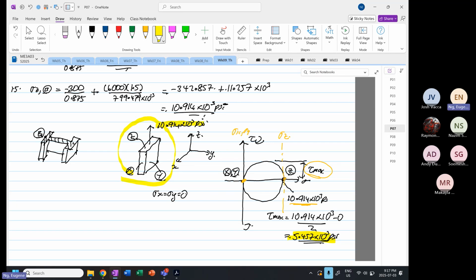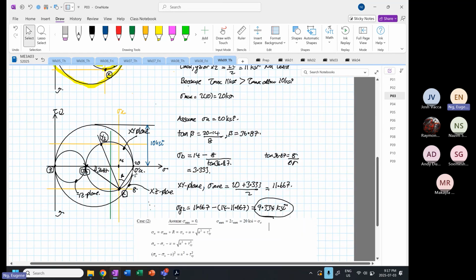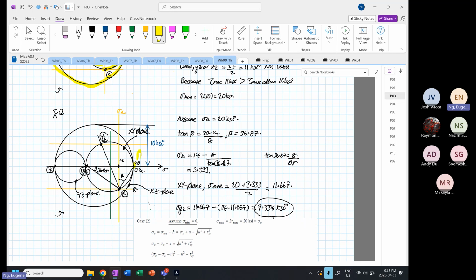There are cases where you have 3 circles. You have to know where your stress max is. For this case, this will be your stress max, and this value over here will be your stress min. Does that make sense? Makes sense. Okay.